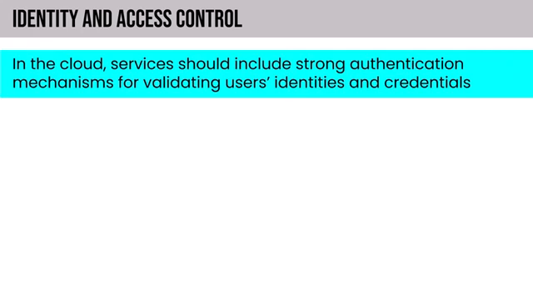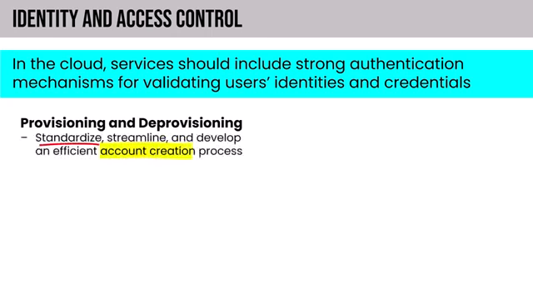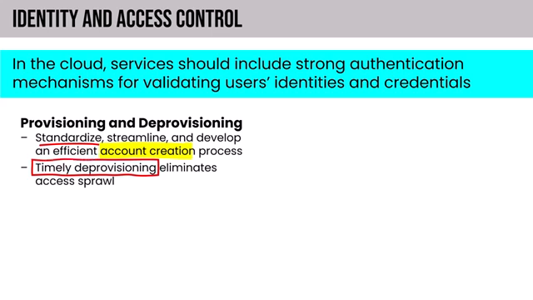So let's shift gears and talk identity and access control. In the cloud, services should include strong authentication mechanisms for validating the user's identity and their credentials, not unlike on premises. That means we need to standardize, streamline, and develop an efficient account creation process, as well as a timely deprovisioning process. So when a user departs from the company at the point of separation, we need to deprovision access quickly and efficiently.